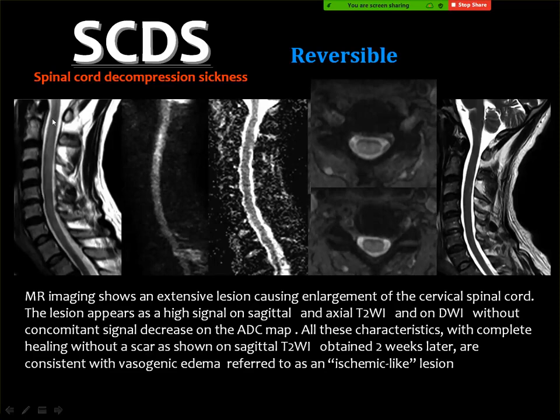And here you can see that there is extensive abnormality in the substance of the cord, which is not showing diffusion restriction, and it resolves after that with complete regression of the lesion and normal appearance of the spinal cord. So they call this an ischemic-like lesion. It is not ischemic because of the absence of diffusion restriction and because of the regression.